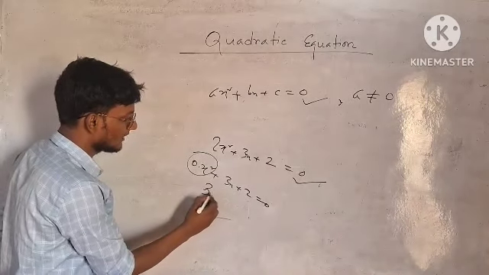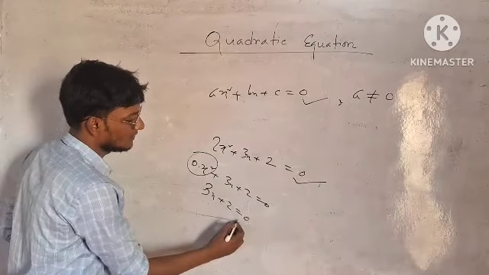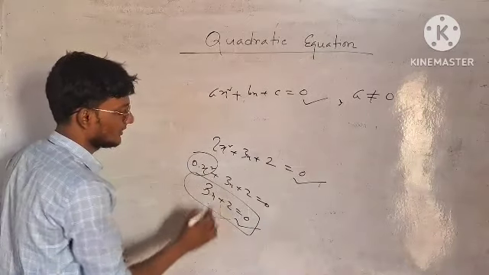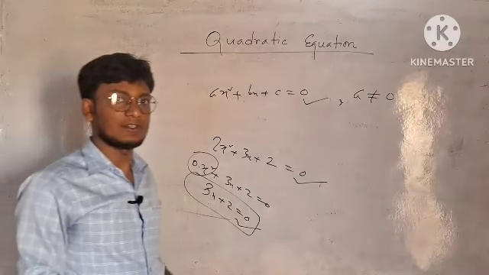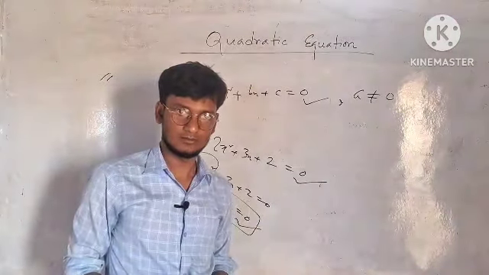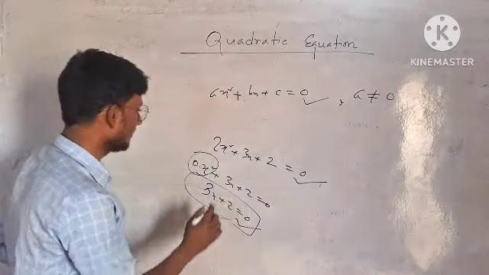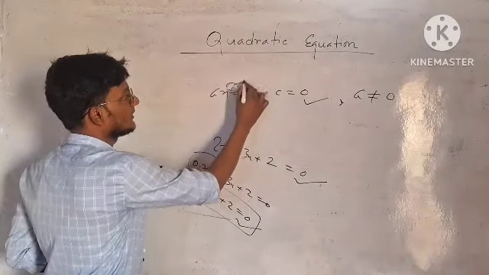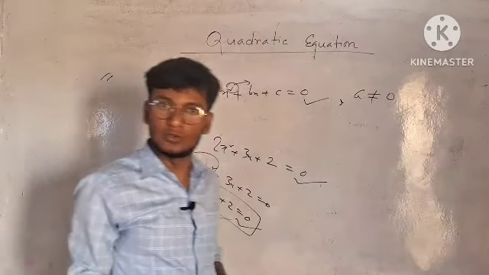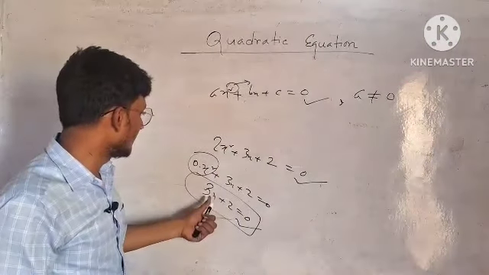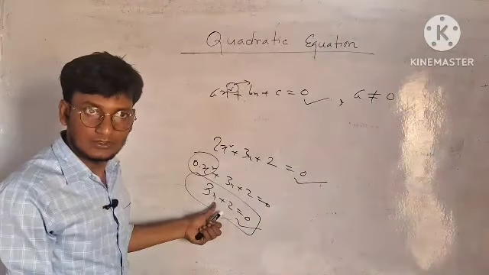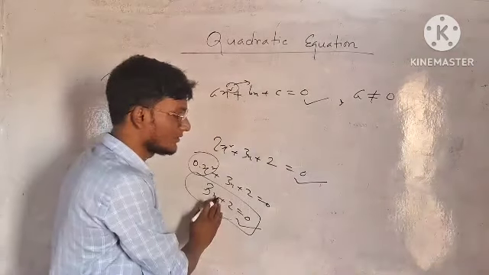So it will become 3x plus 2 is equal to 0. So that is not the quadratic equation. If it were a quadratic equation, then the degree would be 2. But that is only degree 1, so that is the linear equation.